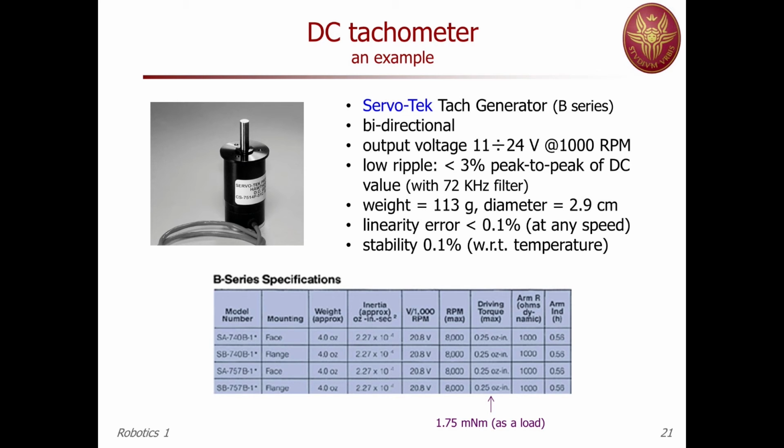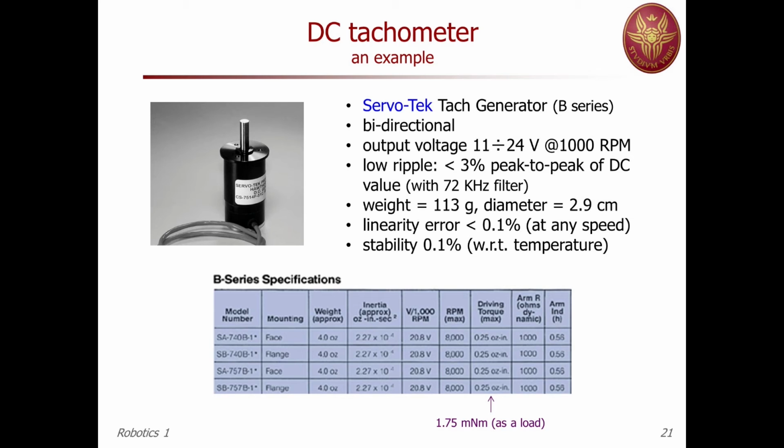When it rotates at 1,000 rounds per minute, it provides an output voltage in a certain range. Here you see that the ripple is less than 33% of the peak-to-peak value. And again, they use internally to the device some filter, which has a bandwidth of 72 kilohertz in order to eliminate some of these ripples.